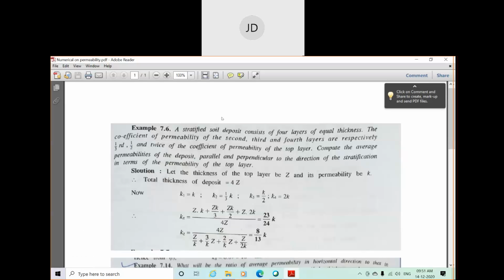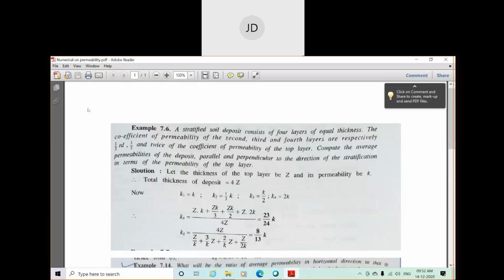So here, what is given? A stratified soil having four layers, that means 1, 2, 3, 4, four layers are there. And the coefficient of permeability of the second layer is one third of the first layer. Suppose for the first layer, in the solution, let the thickness of the top layer be z, or you can also write z1, and say the coefficient of permeability of the first layer is k1 or simply k.